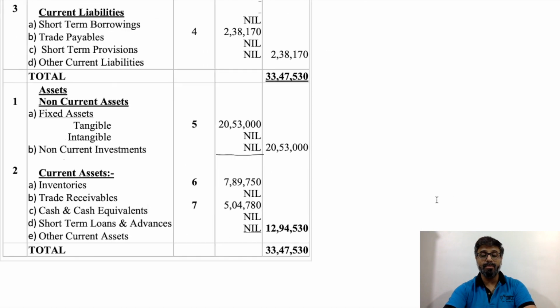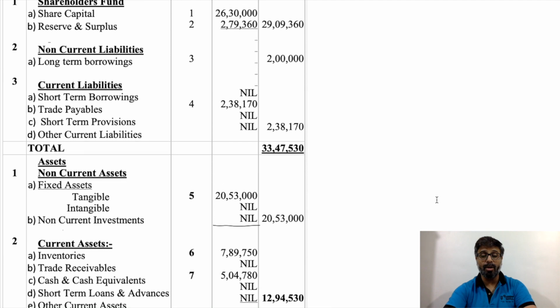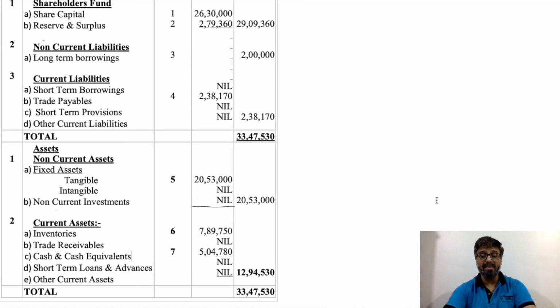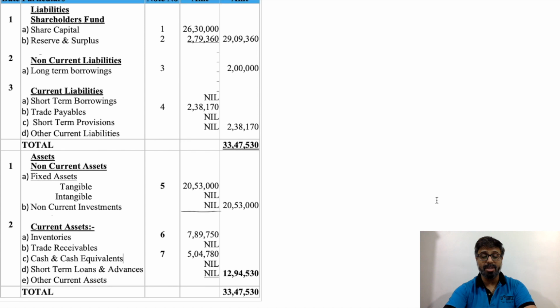I am writing it here. All of you can pause the video and note down this entire balance sheet from the notes. So this is how you all have to do the question, the entries in the books of the Transferee company. Now one more question, question 2, is in your homework.